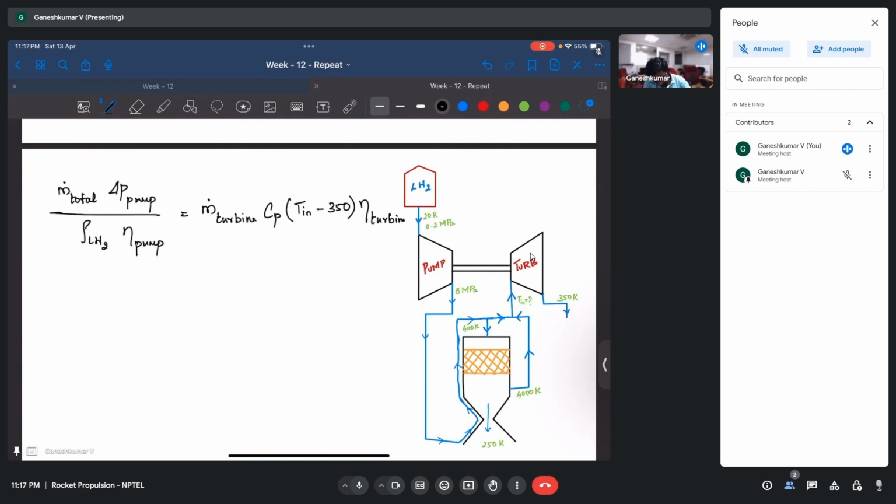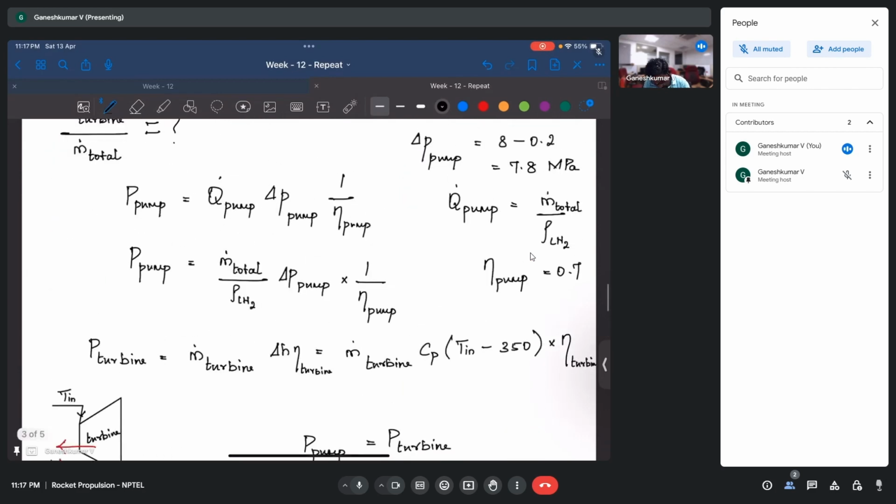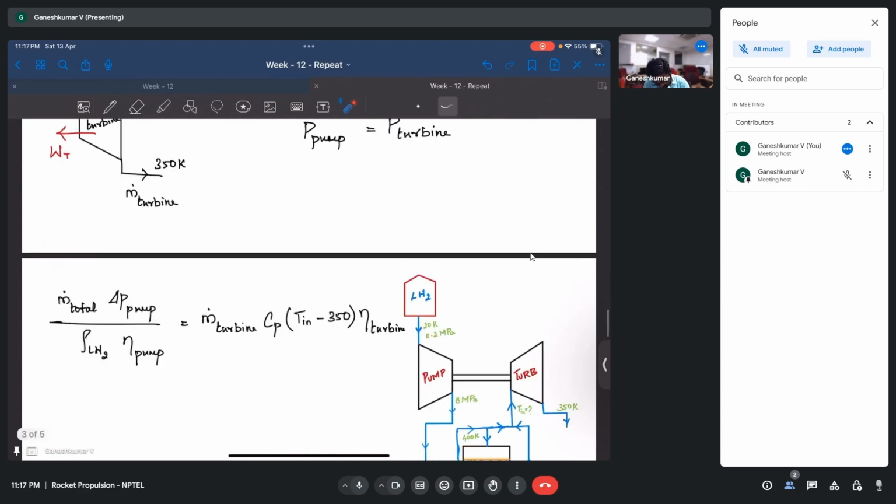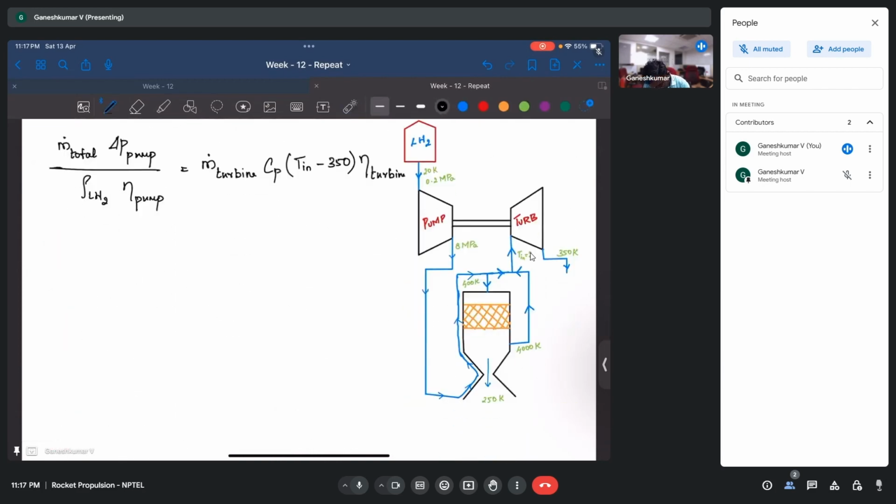So what we are interested in, if you go back, is getting this m dot turbine by m dot total. So if I rewrite this in terms of that, m dot turbine by m dot total is equal to, let's take all the other things on the other side.